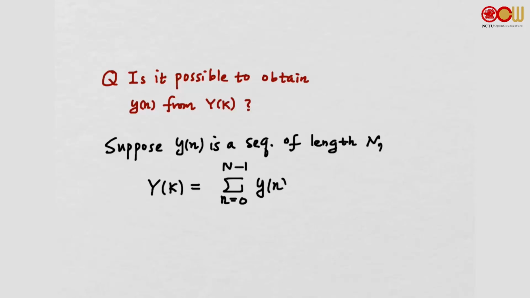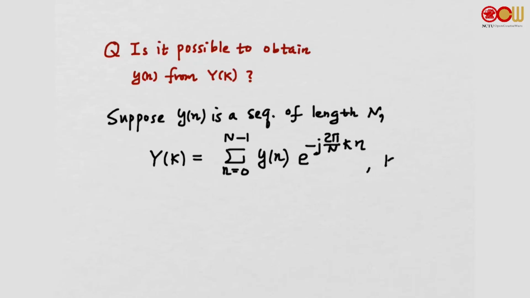It has only N samples. In the place of omega, we will put 2π/N times k. This is the N-point DFT, and k goes from 0, 1 to N minus 1.